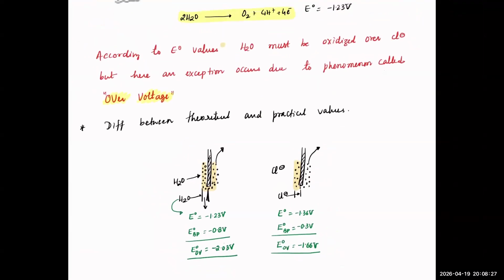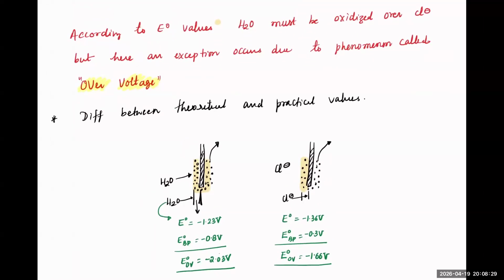I hope you guys understood what overvoltage is. See, overvoltage is always there in all cases, wherever there is a gas releasing. But overvoltage comes into picture only when the E naught values of the preferential discharges, these species which are competing, are very comparable.